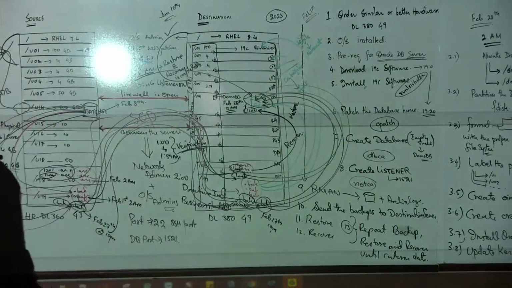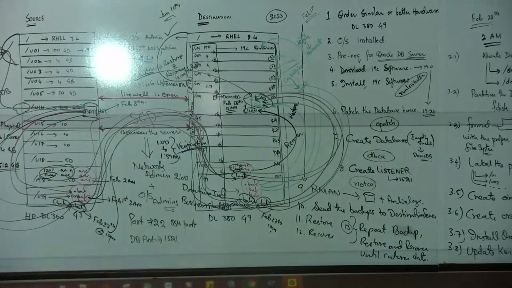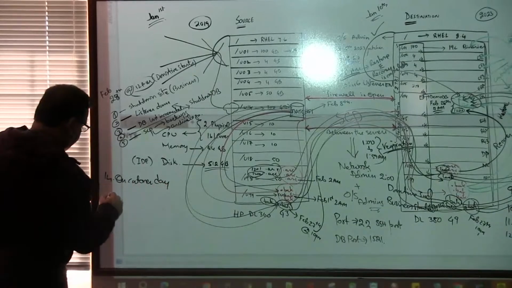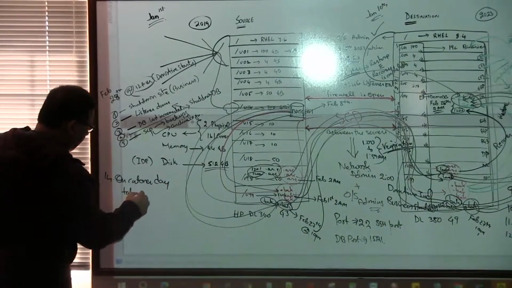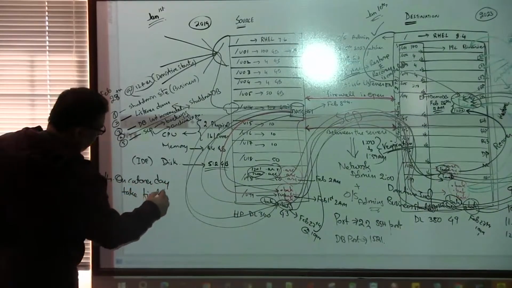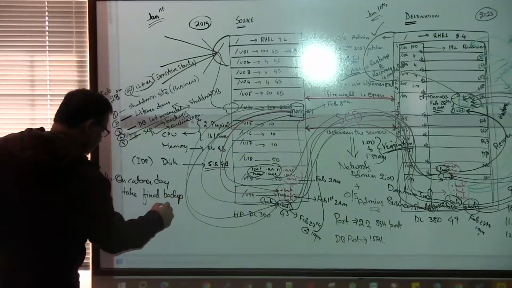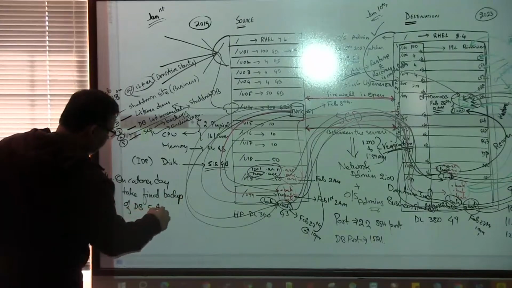That's number 13. Number 14 here, on cutover date, take the final backup of database and archive.